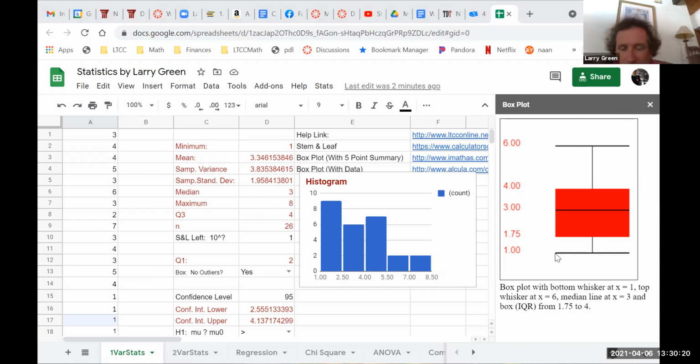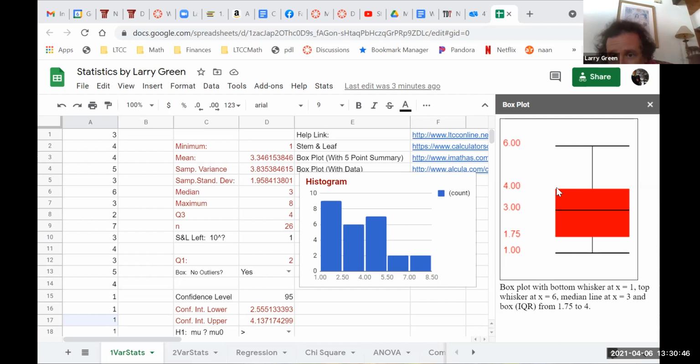And what it does is it gives you what's called the 5-point summary. So there are 5 numbers that go on here. The minimum, that's right here, is 1. Then the maximum is up here at 6. Then the median is right here at 3. And then down here, 1.75 is the first quartile.